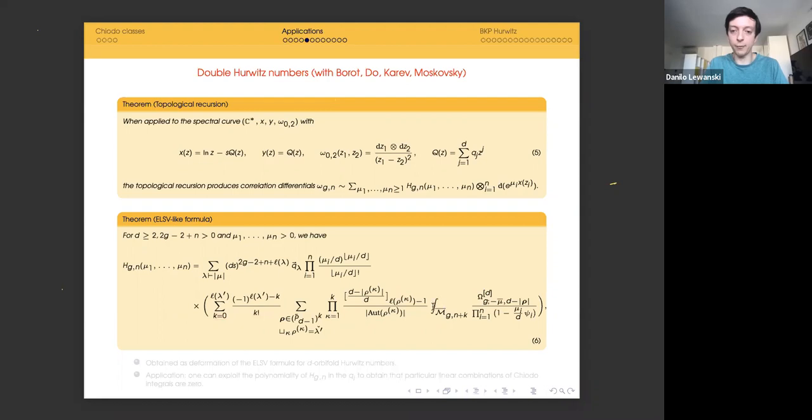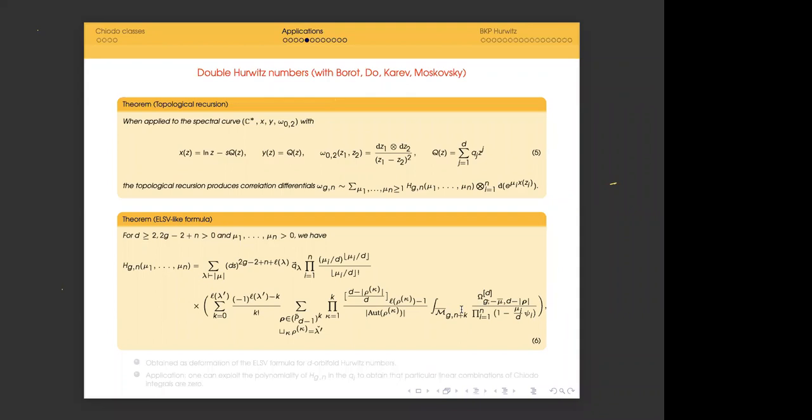So you don't just have one moduli space, M_{g,n}, as you would expect from the correlators, but you have that one, and then you increase the number of marked points as much as you want, but in fact this sum is finite. So starting from M_{g,n}, you will have a certain number of moduli spaces involved. And the class that you integrate is again the Chiodo class.